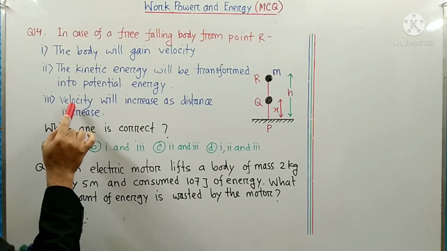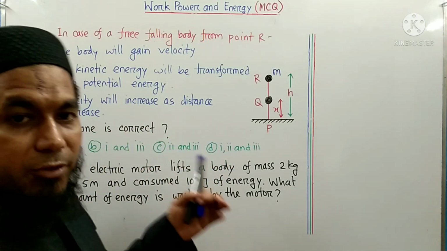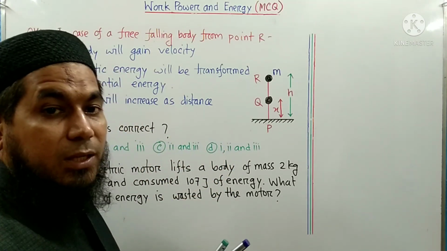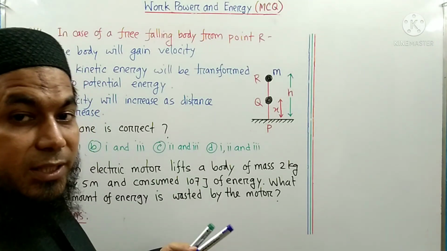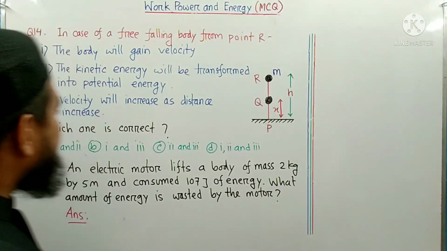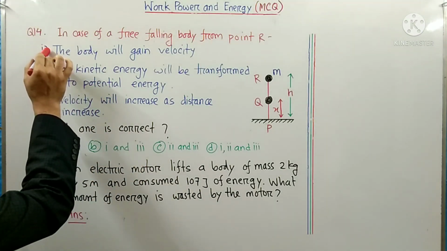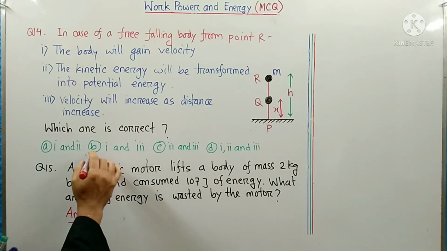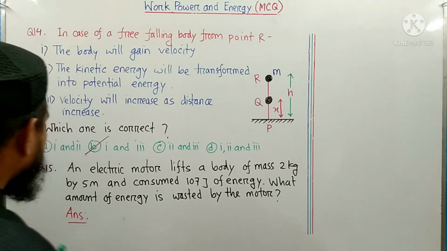Next, velocity will increase as distance increases. Obviously for a falling body velocity will increase with time. That means velocity will increase with distance also. Which one is correct? Our correct answer is 1 and 3. So our right answer will be B, 1 and 3.